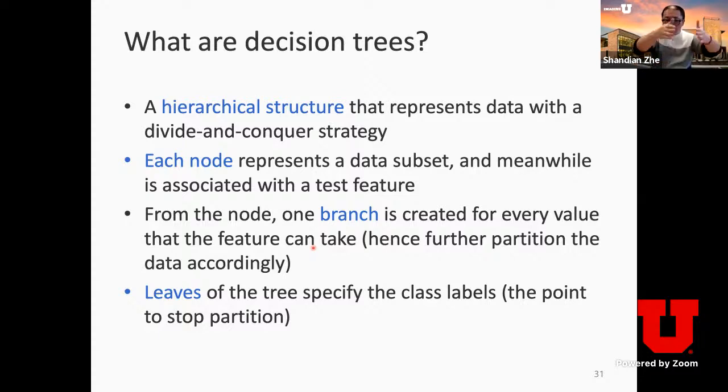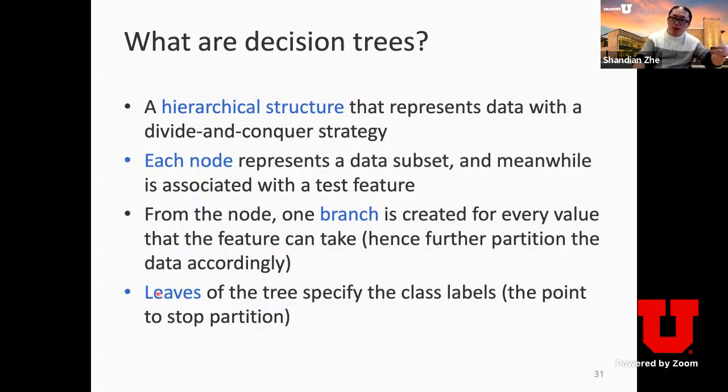According to the value each example takes in the subset, we further partition the data into smaller sets of data points. Then we grow the tree and create new nodes, until we stop.